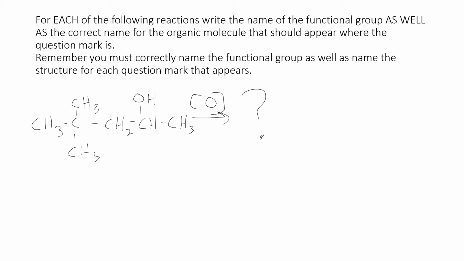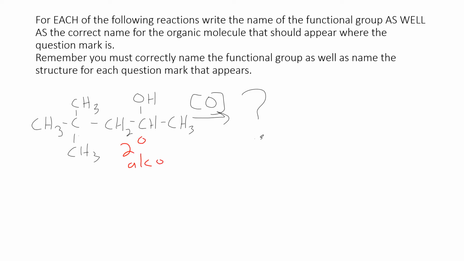Whenever you're looking at reactions, what you really want to do is identify what type of functional groups you have and what type of transformations are going to occur. If we look at what we're starting with on the left, we notice we have an alcohol. Not only do we have an alcohol, we can identify it further as a secondary alcohol.